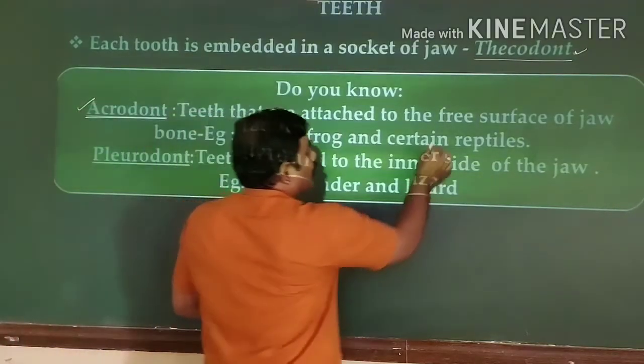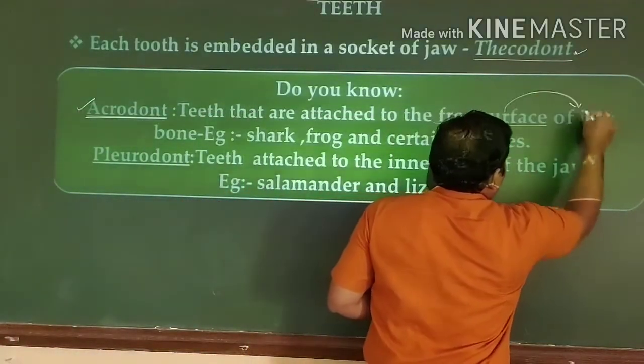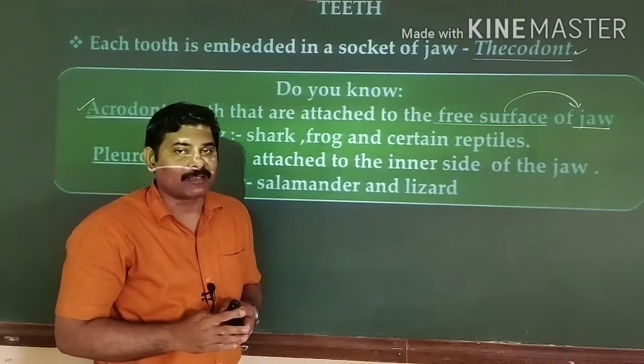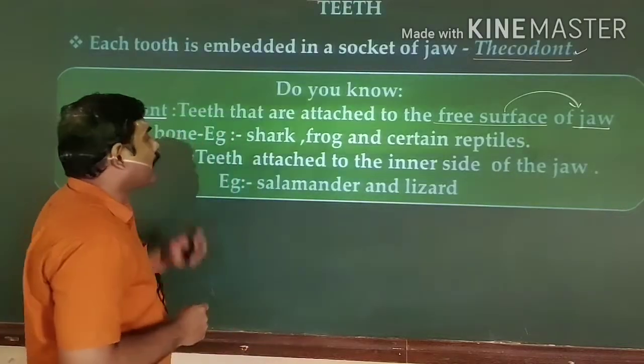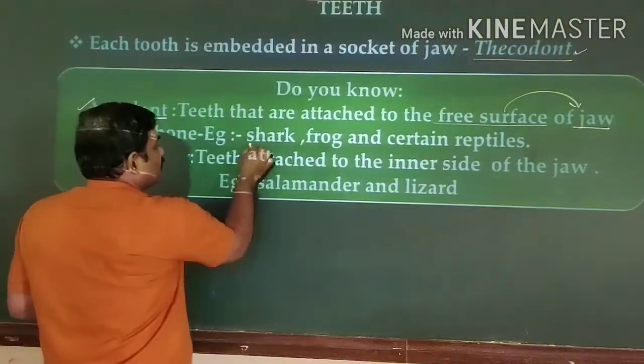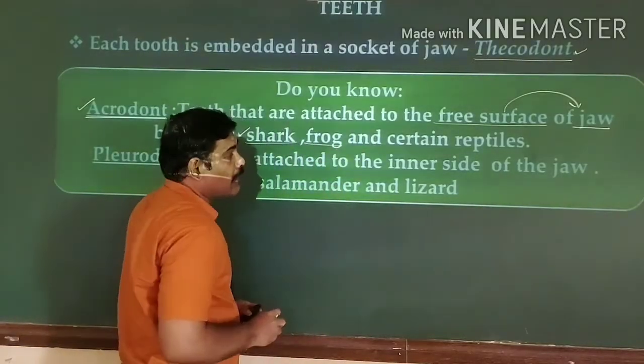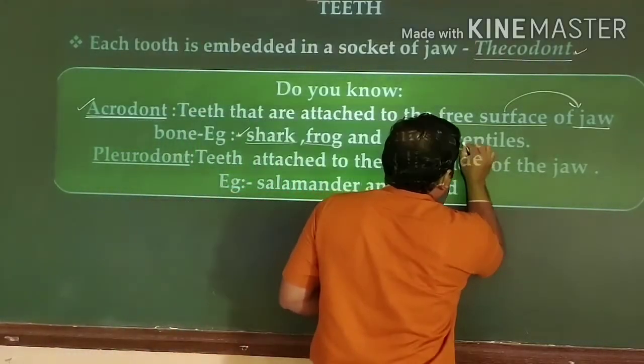They are present on the free surface of the jaw. Examples of animals in which acrodont dentition is present are the shark, the frog, and certain types of reptiles.